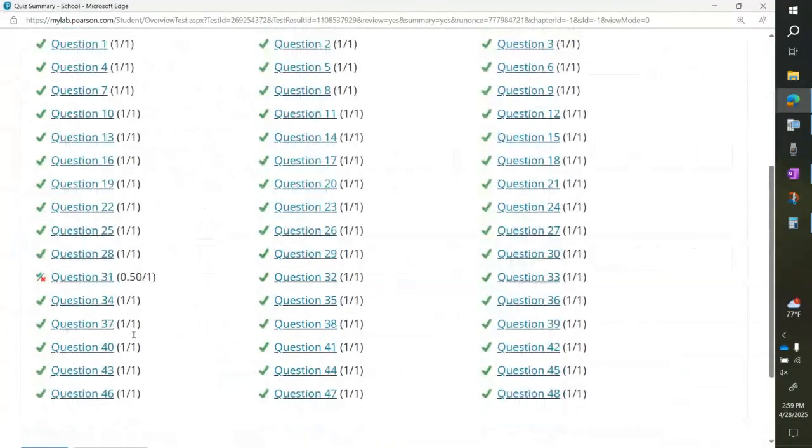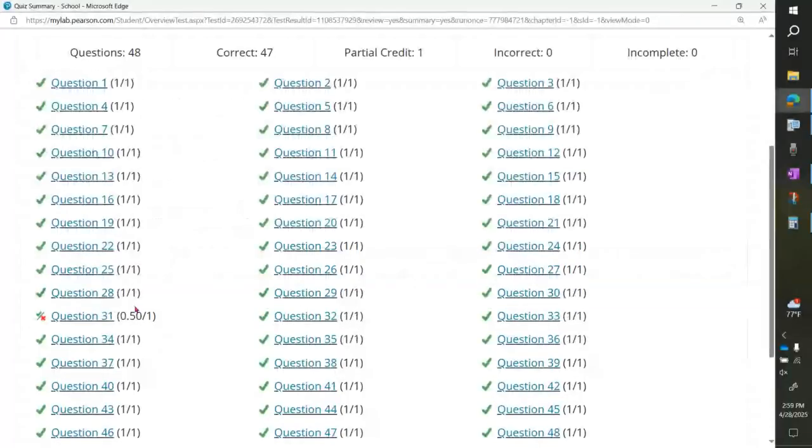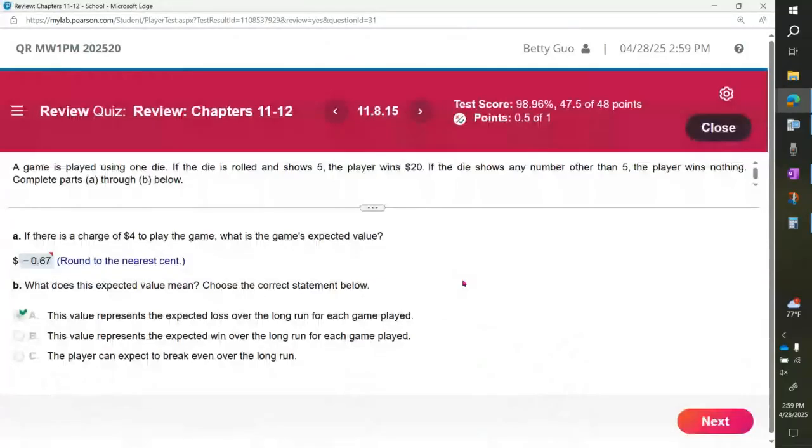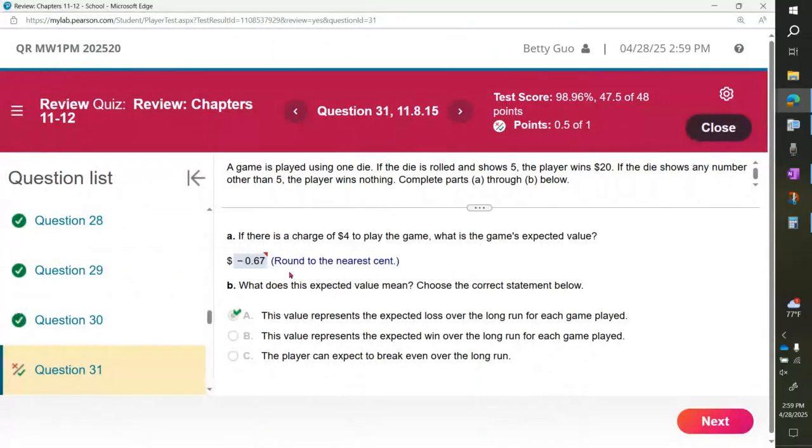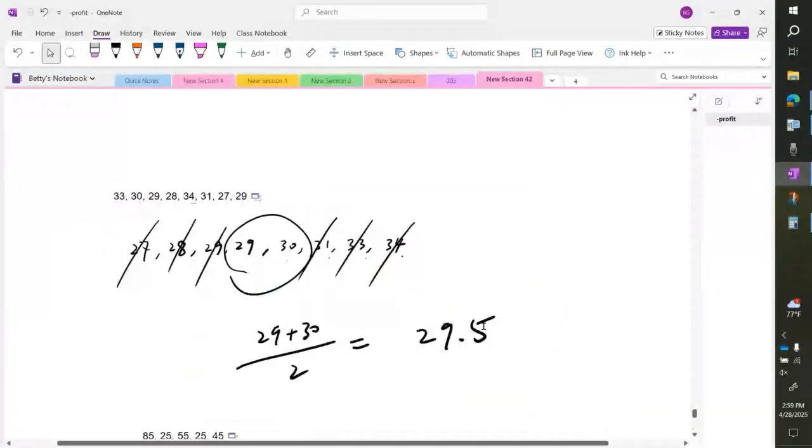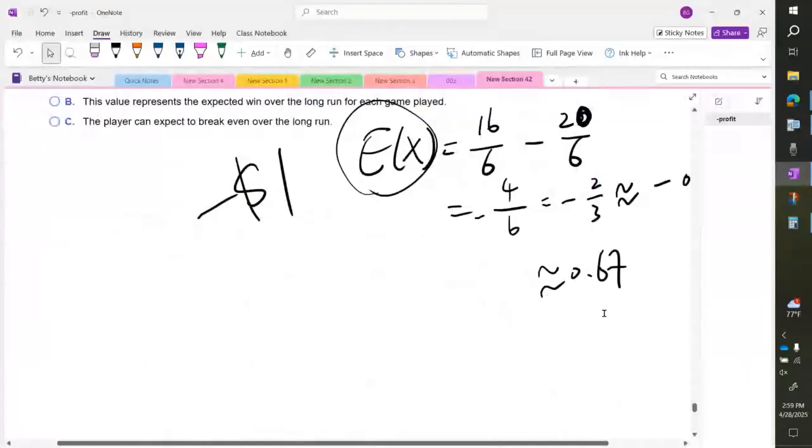Number 31. We messed up half of the question. Oh, I forgot to enter 0 point. My bad. But on my scratch paper, I do have negative 0.67, right?